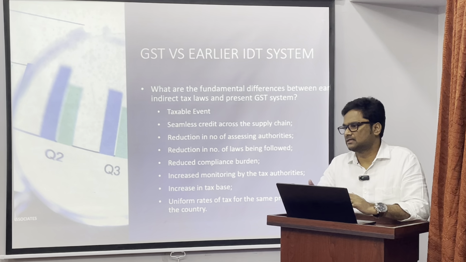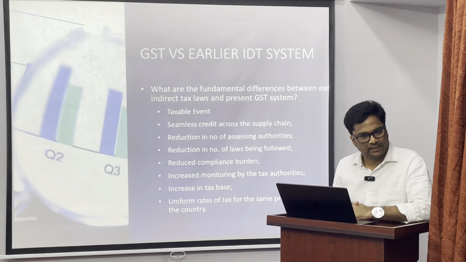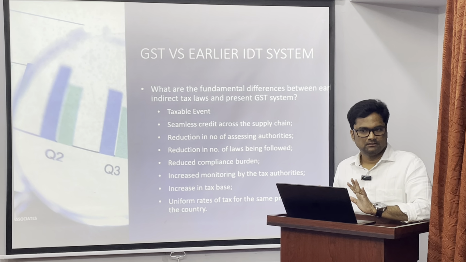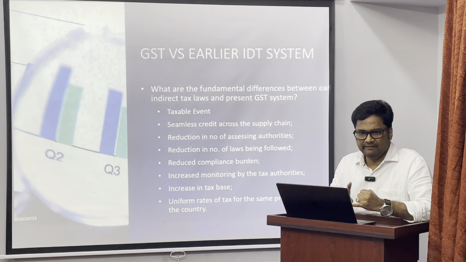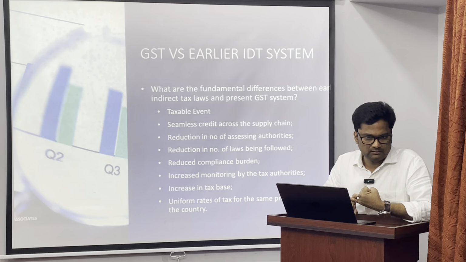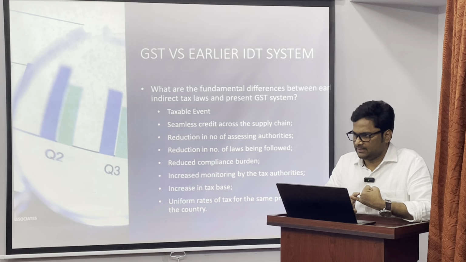And then, reduction in the number of laws. As we said yesterday, entry tax, 30 state laws. Octroi, luxury tax, VAT, 30 states, different laws. Though the principle is the same, they write it according to their custom. So it will come down. Maybe, worst case, how many laws can we have? By this time you should have understood. We are levying SGST, so there should be a law for each state.